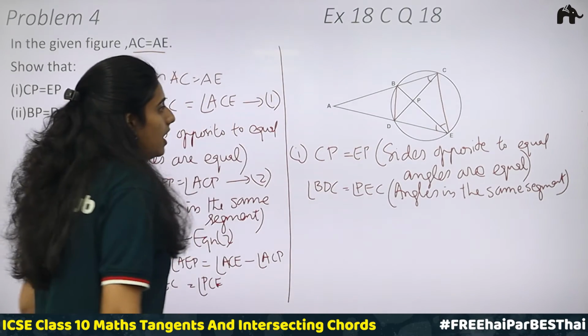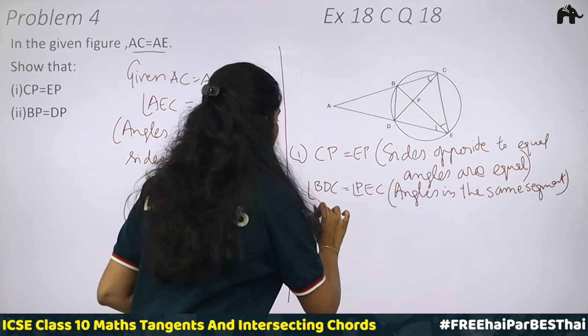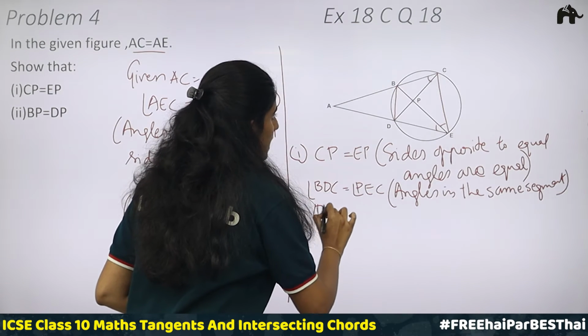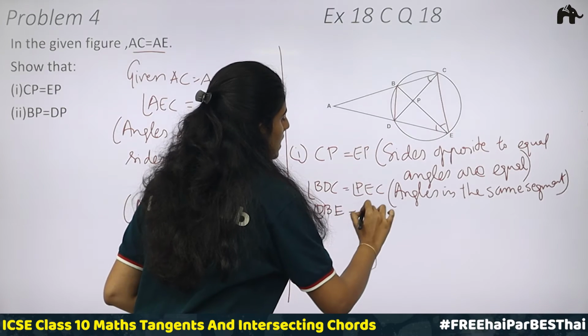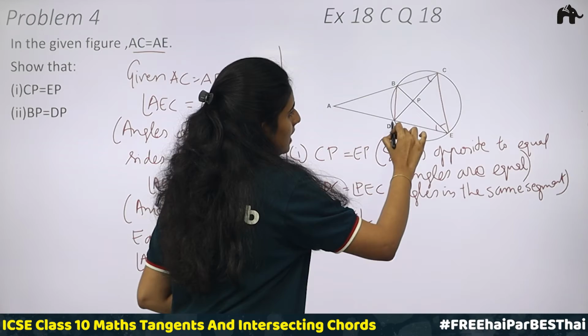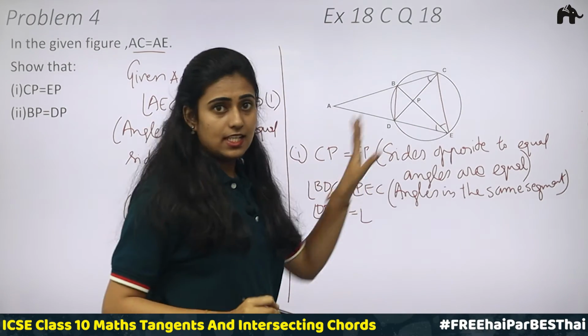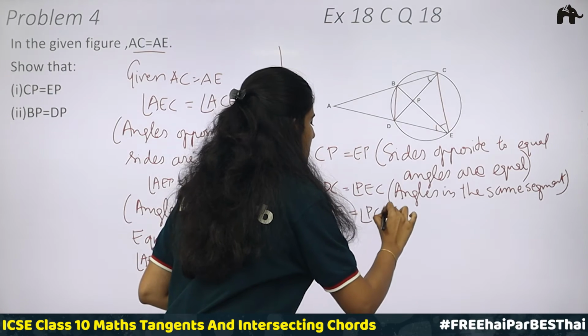Now, when I take this chord DE, I'll be having angle DBE equal to angle DCE. DCE can be written as PCE.